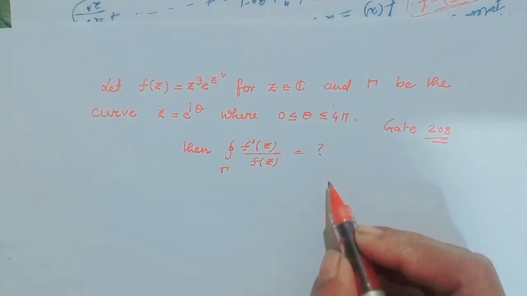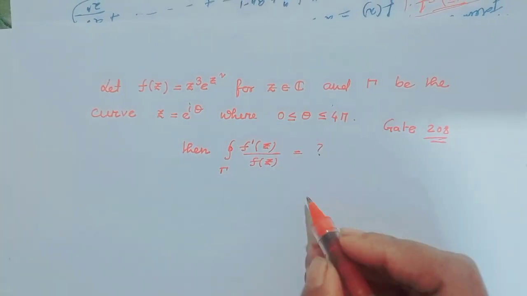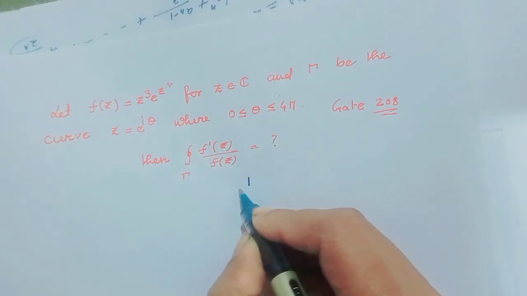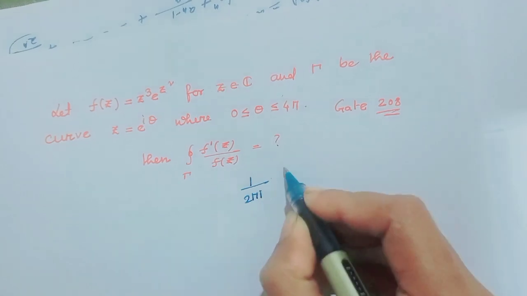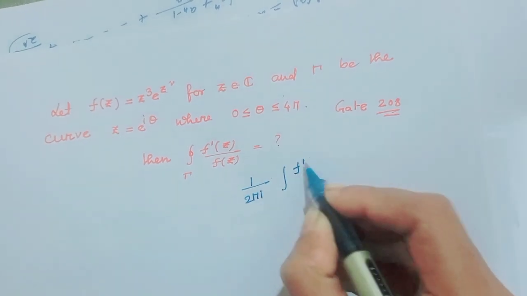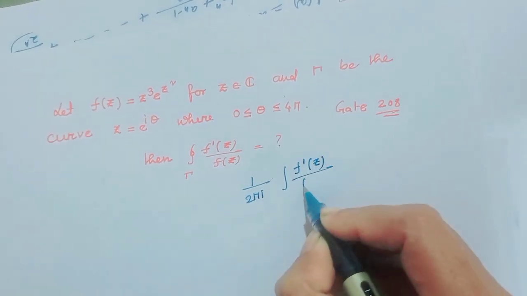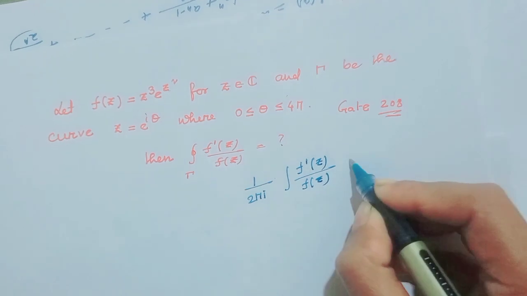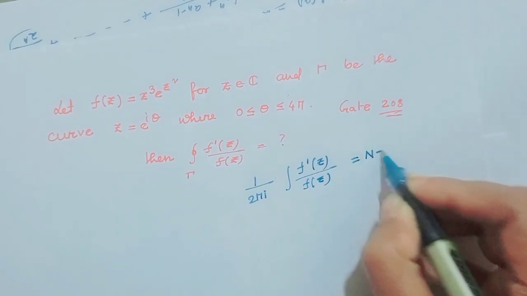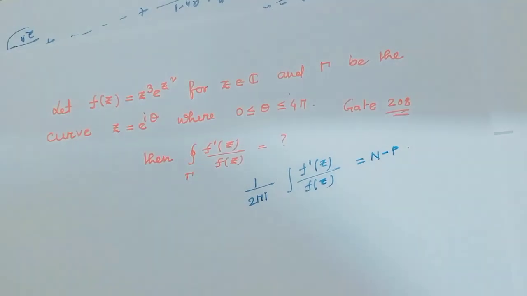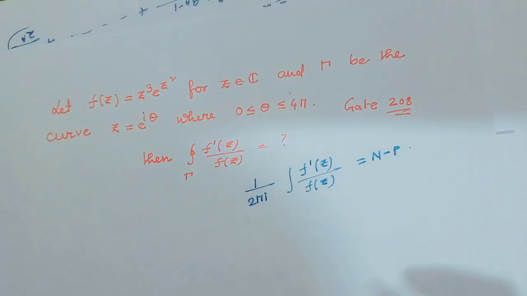We all know this is actually the argument principle, and 1 over 2 pi i integral of f prime z divided by f z is equal to n minus p, where n is the number of zeros and p is the number of poles.